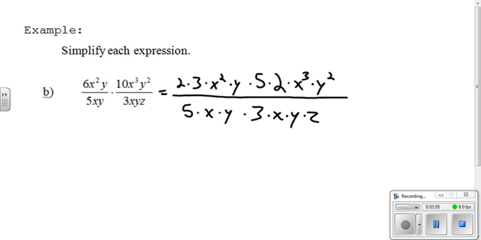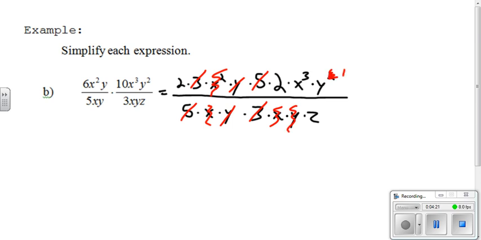Okay, now, like before, we just kind of cross out or divide out all of our common factors here. So a 3 and a 3, a 5 and a 5. So a y and a y will go away. We'll take these two x's, that's like an x squared, so that'll be that one there. And we have a y left here, which will take away this piece.